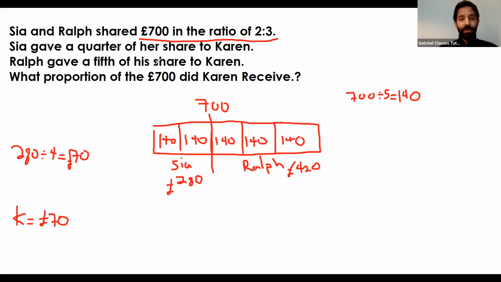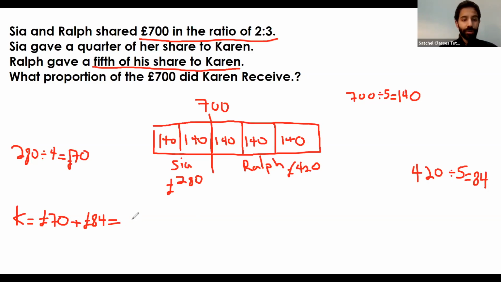And Ralph gave a fifth of his share to Karen. So 1/5 is going to be 420 divided by 5, which is 84. So Karen received another £84. And then the question asks us, what proportion of the 700 did Karen receive?